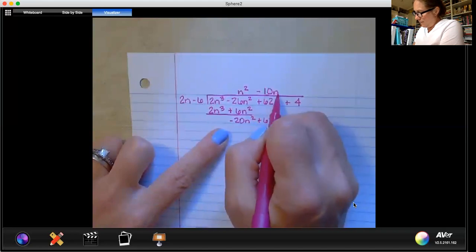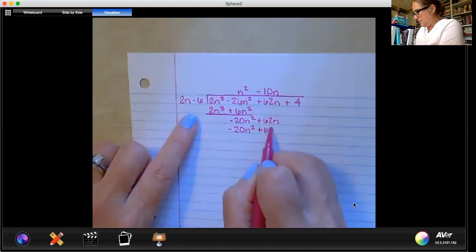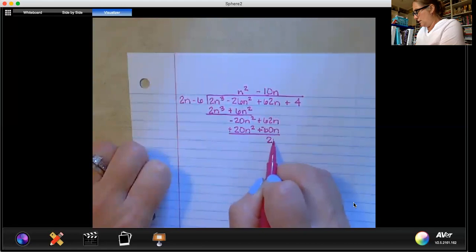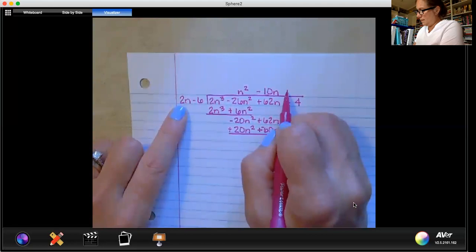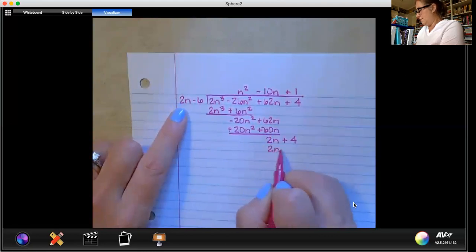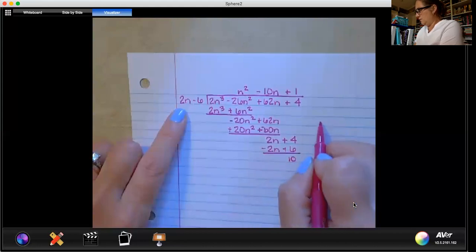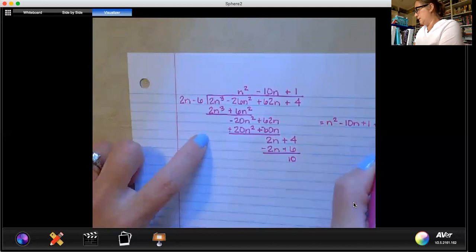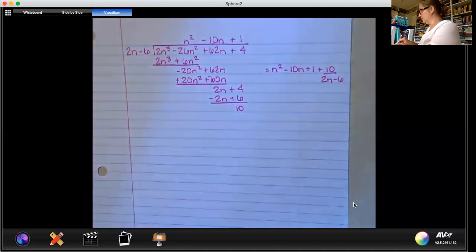Negative 10n is negative 20n squared plus 60n, and we're going to change the signs because we subtract, and we get 2n plus 4. Much better. 2n goes into 2n one time. That's 2n minus 6, and subtract, and remainder is 10. So we get n squared minus 10n plus 1 plus 10 over 2n minus 6. Thank you for being patient with that.